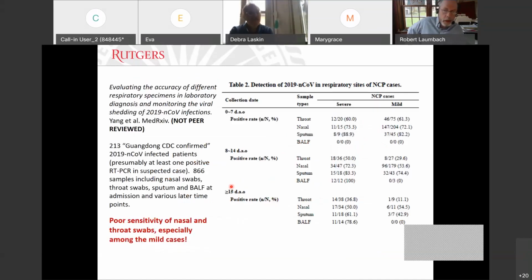This was another study that hasn't been peer-reviewed. It's published online. This was done also in China. 213 confirmed cases of COVID-19, again confirmed by having at least one RT-PCR that was positive, and then having symptoms and signs consistent with COVID-19 disease.